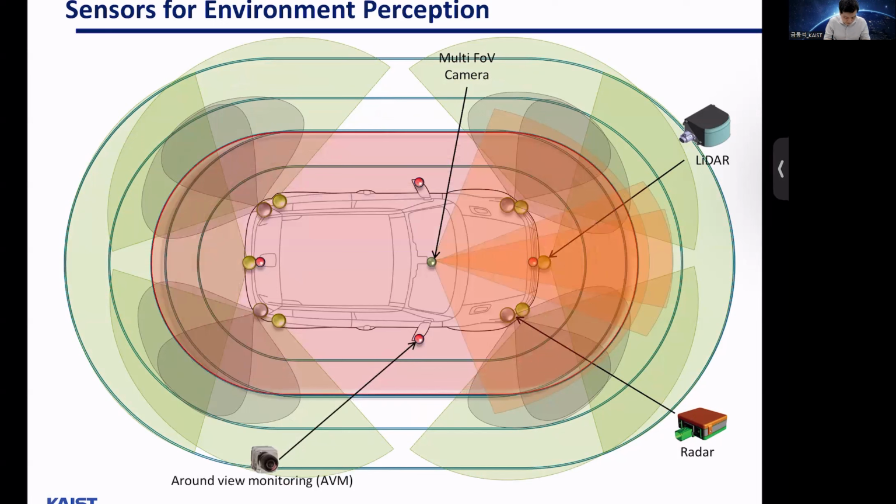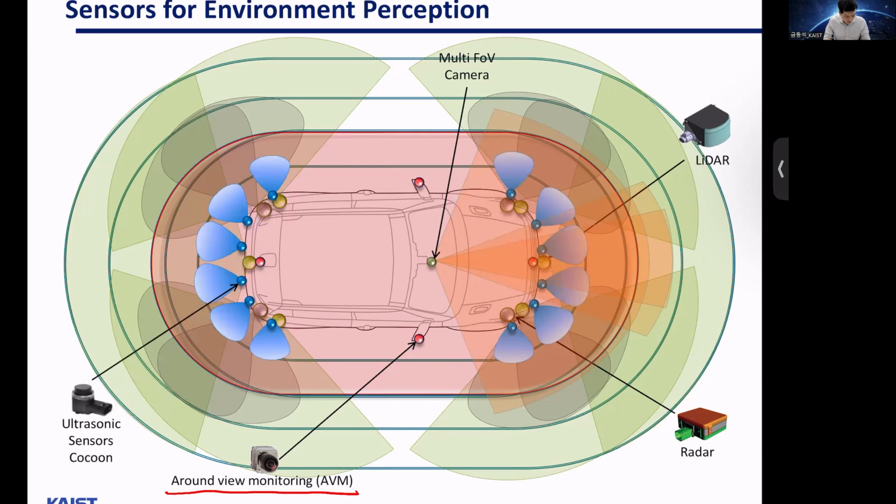And then we haven't talked about this one in the perception module, but in many mass production vehicles, there's a round view monitoring system already built into it. And then there's also ultrasonic sensors around the bumpers.